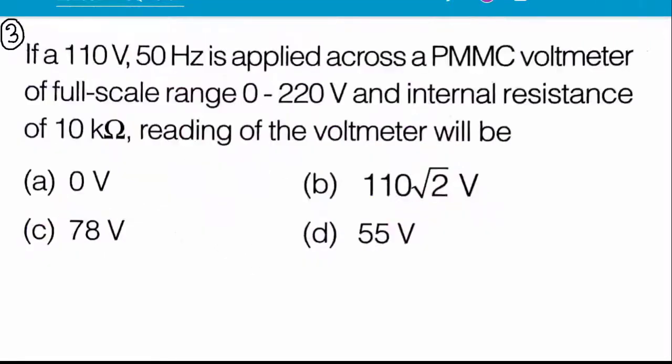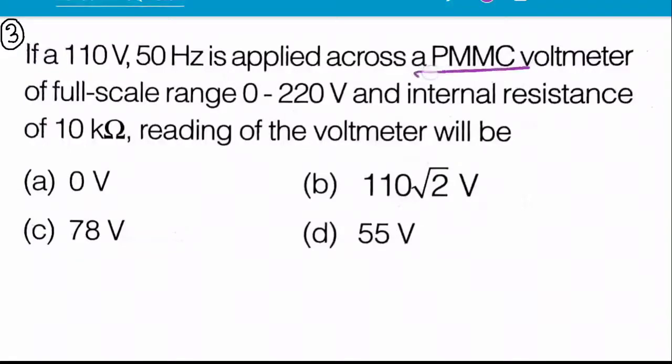Next question: if 110 volt 50 hertz is applied across a PMMC voltmeter of full scale range 0 to 220 volt and internal resistance of 10 kilo ohm, what will the reading of the voltmeter be?